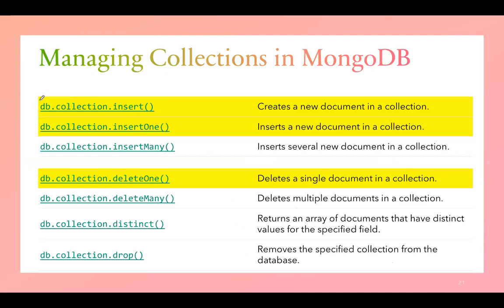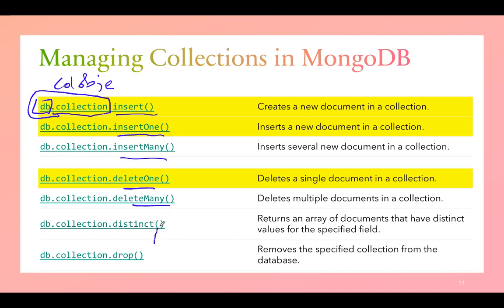Another thing you can do, so this is a database object. When I'm using this path expression, this is now a collection object, right? And with this collection object, you're able to use the methods that are defined for collection objects. You can try to get into different things. Returns an array of documents that have distinct values for a specified field.